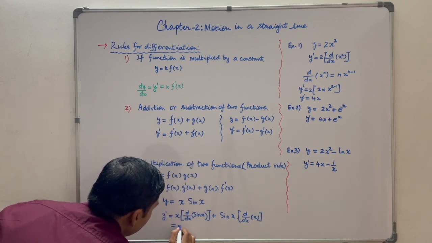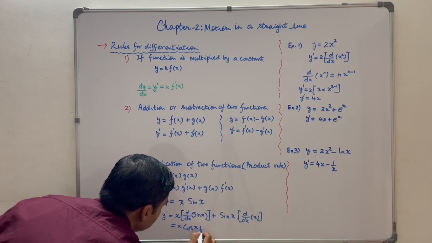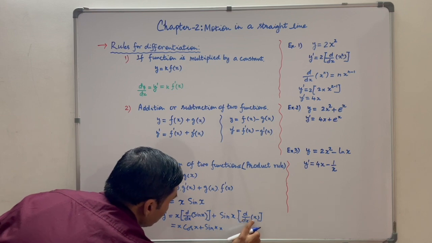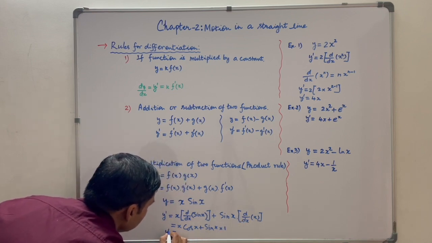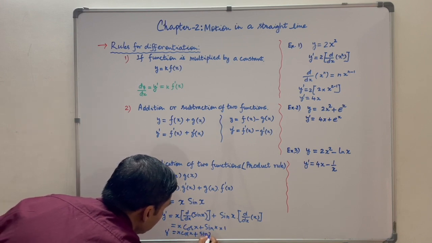That will be equal to x into the derivative of sin x, which is cos x, so x cos x, plus sin x into the derivative of x, which is 1. So the answer is y' = x cos x + sin x.